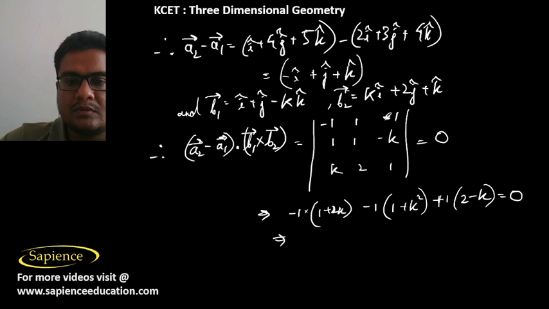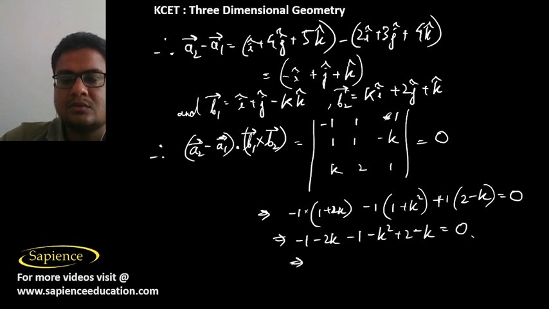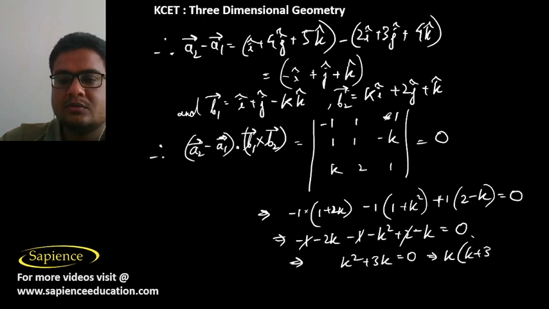So this will be minus 1 minus 2k minus 1 minus k square plus 2 minus k equal to 0. Therefore 2 and 2 will cancel out, and k square plus 3k equals 0. So k into (k plus 3) should be equal to 0. So k is either 0 or minus 3.